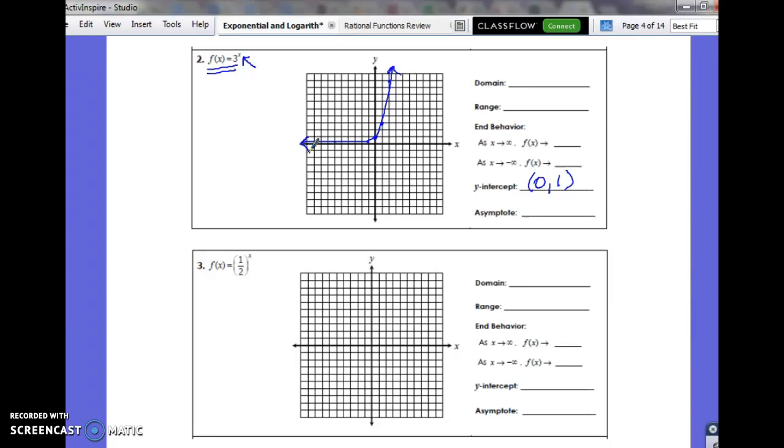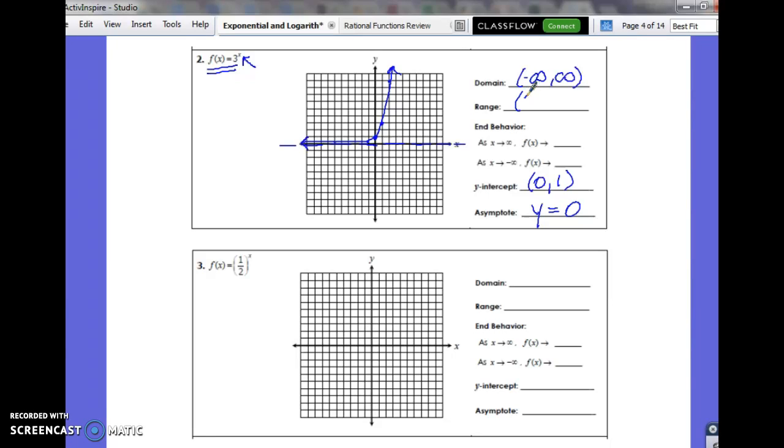Okay? So since it's essentially the same graph, just a little bit steeper, what changes over here? Does the domain change? No. Nope. Still all real numbers from negative infinity to infinity. It leveled out at 0, so that's where my horizontal asymptote is. Does the range change? Nope, it's 0 to infinity.